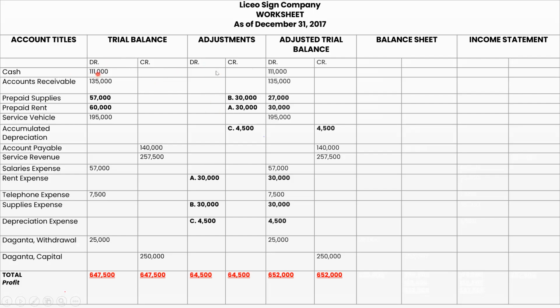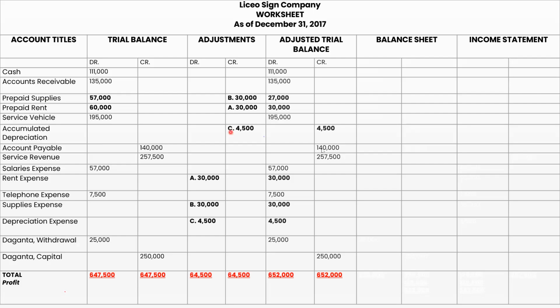For cash, there is no adjustment, so as is. Copy it. Same with accounts receivable, just copy. Only those with adjustments are the ones you adjust.